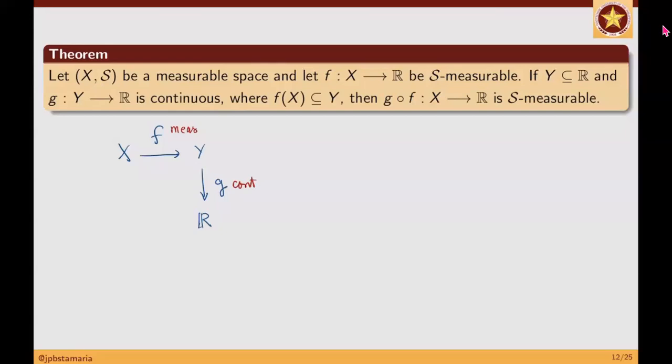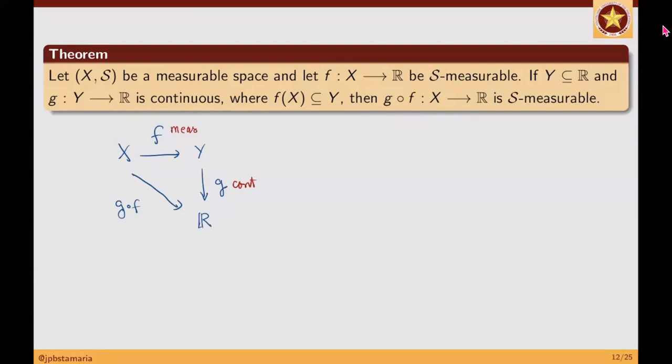So nasaan yung composition? Yung composition ay nagsasummarize ng action ng dalawa. So kung tatagalugin ko to, what does this say? This says that if you compose a measurable function with a continuous function, meron tayong direction. If you apply a continuous function to a measurable function, the result is measurable. Do you understand me?